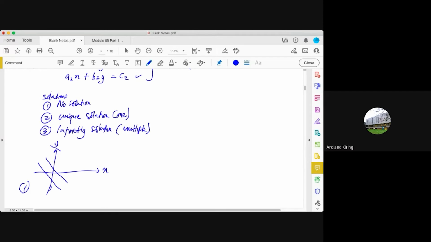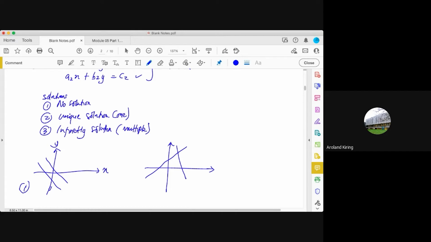For the unique solution, sometimes it's easy to find out whether we have a solution by drawing the particular equations. Let's say this is the graph for your first equation, and for your second equation, you have a graph like this.